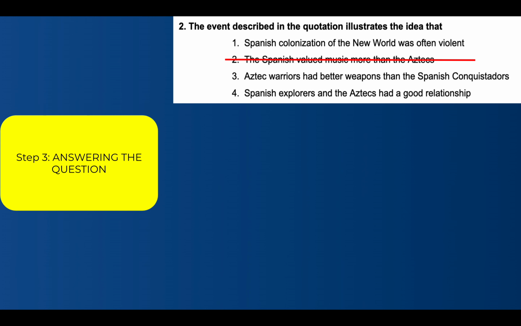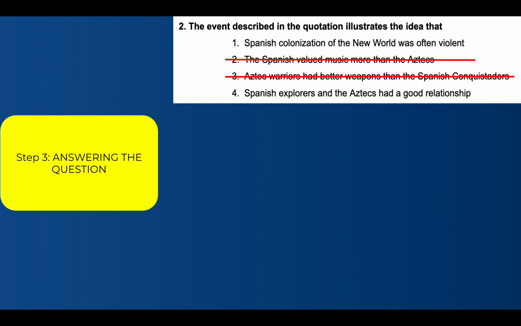Definitely not that the Spanish valued music more. That's a silly answer. Aztec warriors had better weapons than the Spanish. We know that's not true. This is the Spanish coming in with better weapons. It actually even points out the weapons that they're bringing. Spanish were more advanced, and this is the Spanish attacking them.